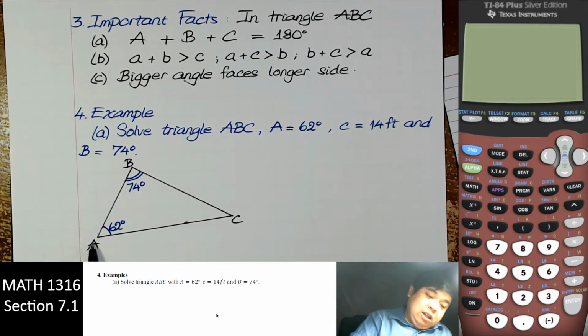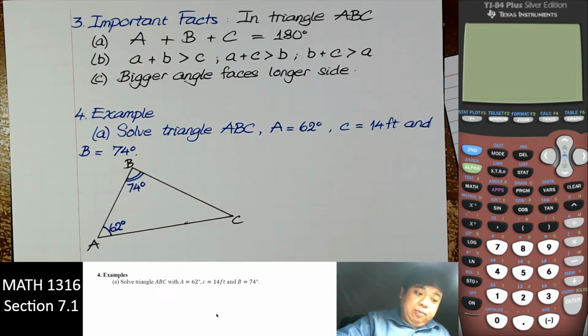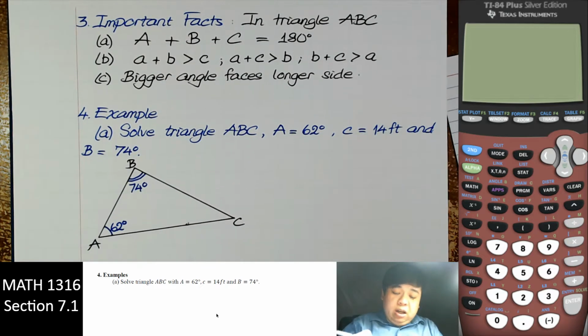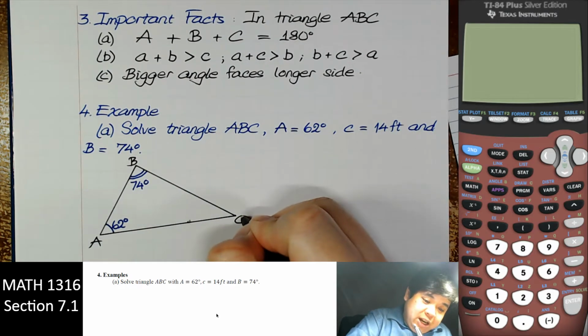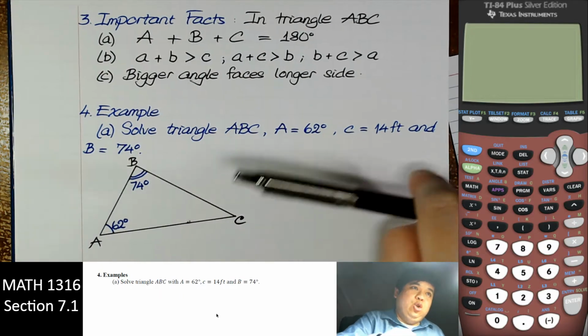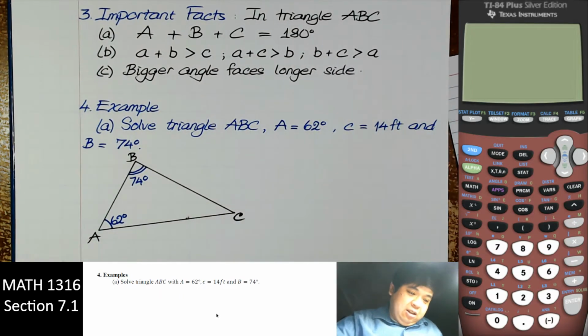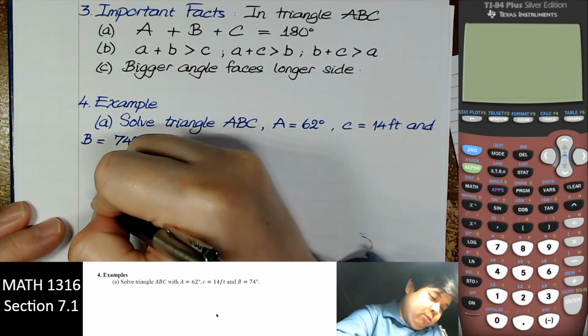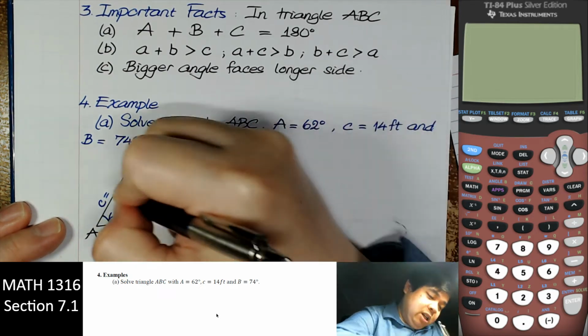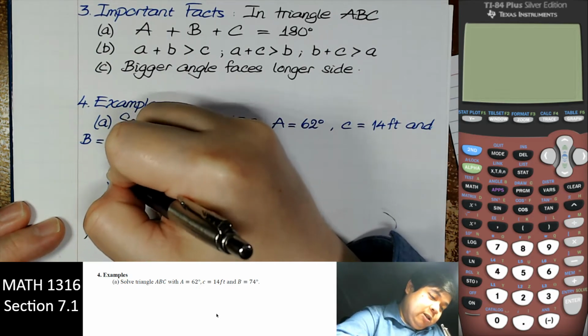And side c is going to be opposite to the angle C. To distinguish between the angle C and the side c, make a kind of loop on the C for the angle, and for the side c we just write a regular c, that is 14 feet.